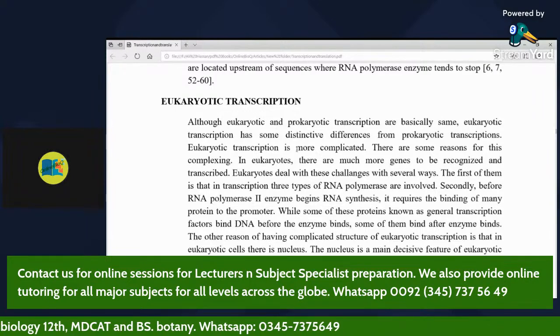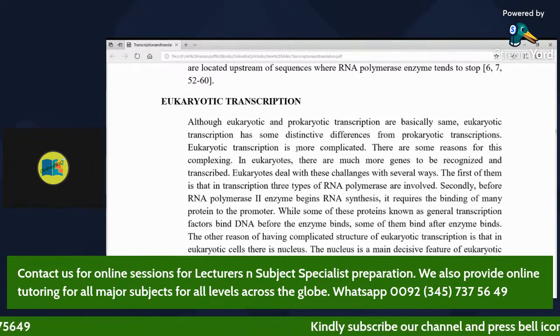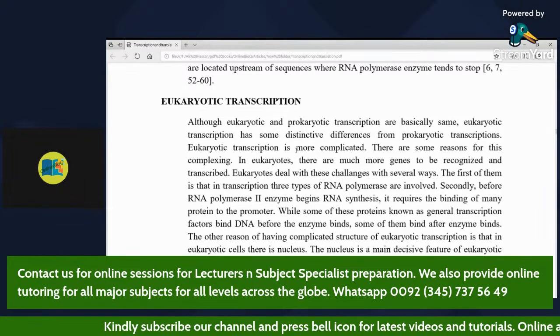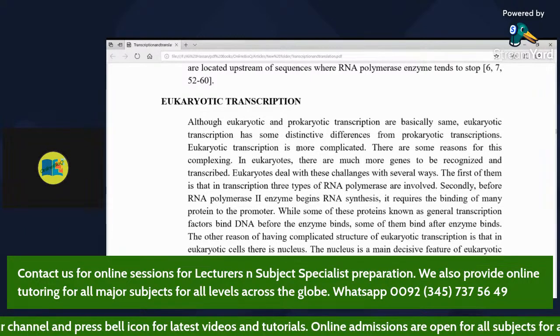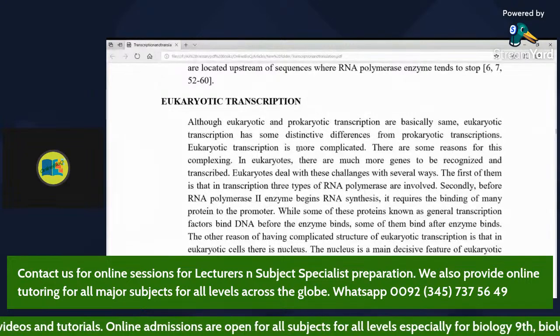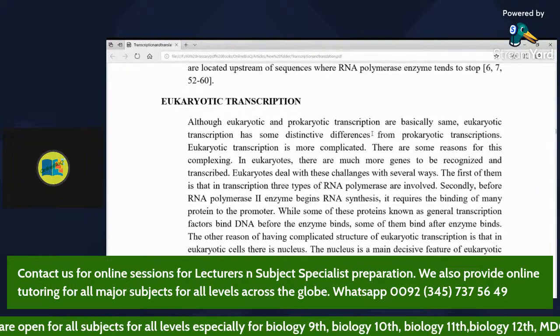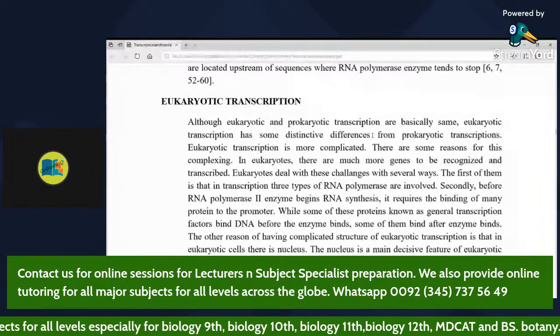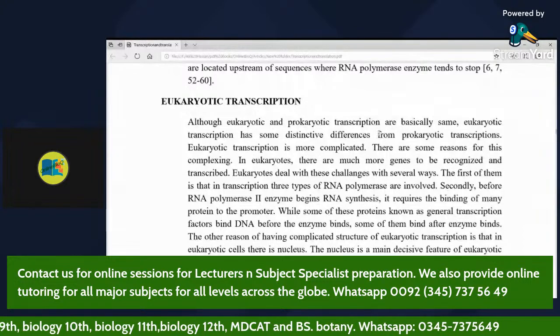Transcription means the formation of an RNA transcript from DNA. A single stranded RNA copy is made from double stranded DNA. So the basic theme is the same, but there are distinctive differences between the transcription processes occurring in the two major domains.